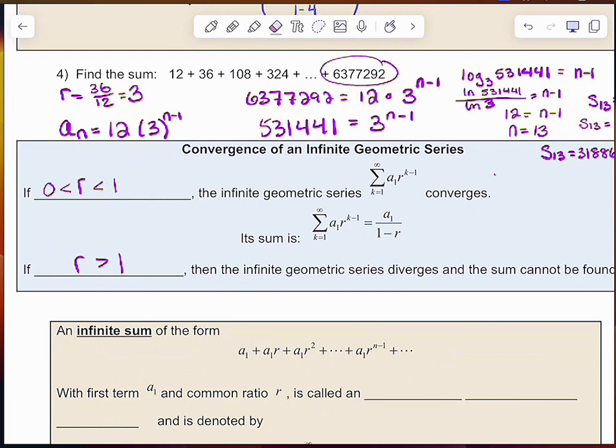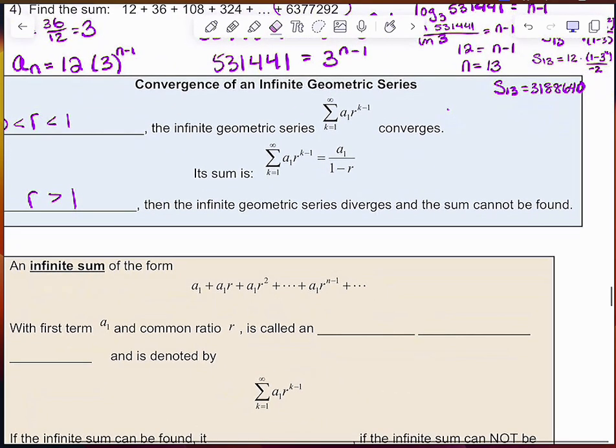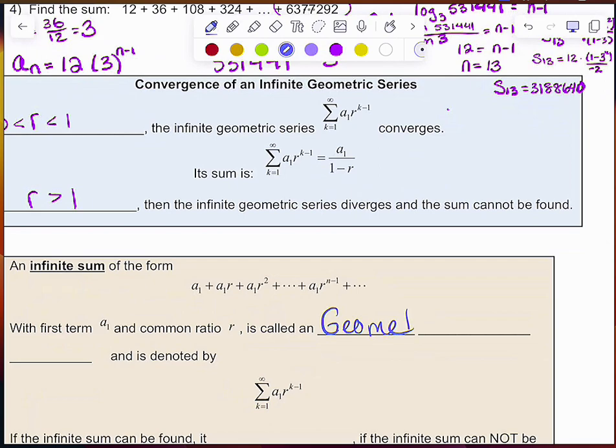So, an infinite sum in the format of a sub 1 plus a sub 1 times r, a sub 1 r squared. So this is the geometric sequence. Wait, why is it and?